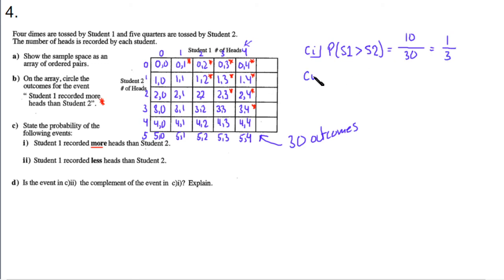In the next question, they're asking us to determine the probability that student 1 recorded fewer heads than student 2. So I'm going to use a different color here, and I'm just going to indicate the grid cells where student 1 recorded fewer heads than student 2. So this one here, for example, and these.